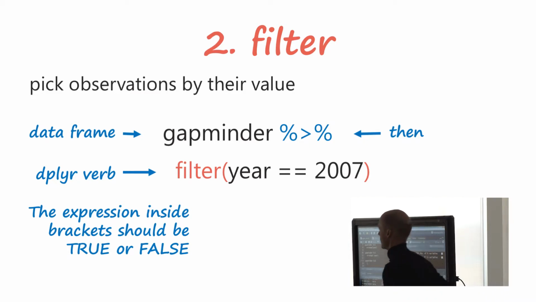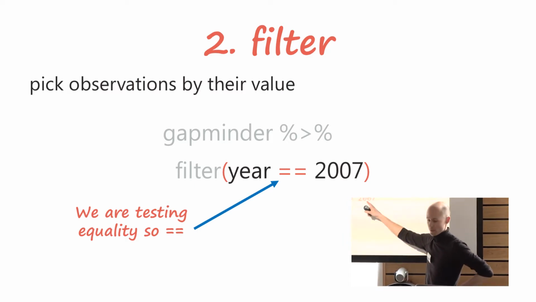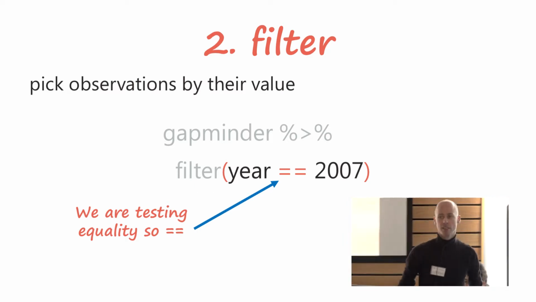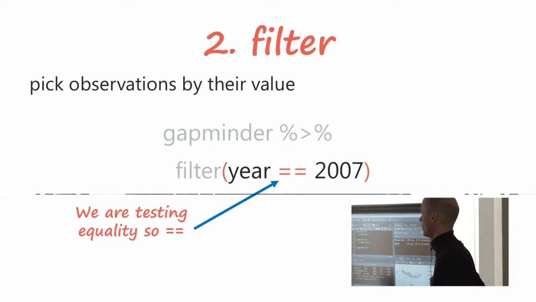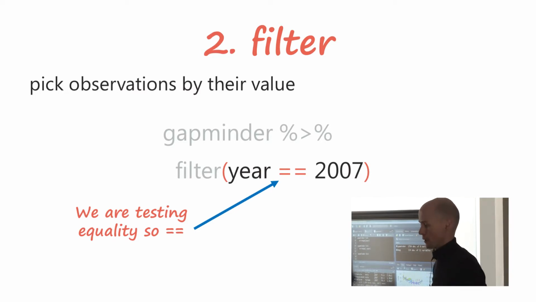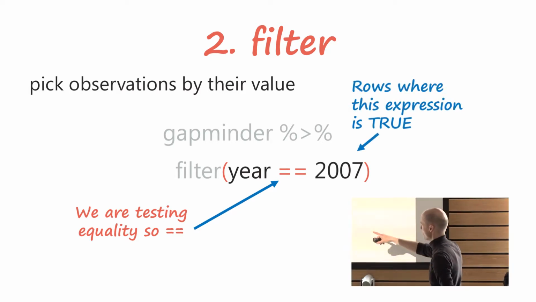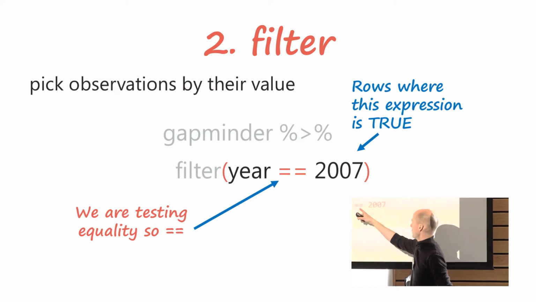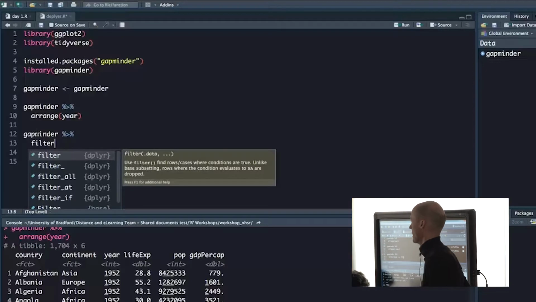So actually this double equals here is very important throughout R. Double equals means it's a test of equality. So if you were to type perhaps in the console 1 equals 1, that should return the answer true, because it's just testing whether 1 equals 1. Likewise, here we're just going through and selecting the observations where the year is equal to 2007. And it's selecting the rows where that is true.